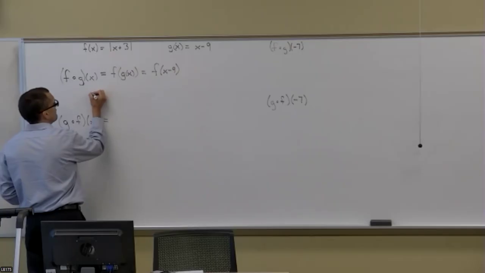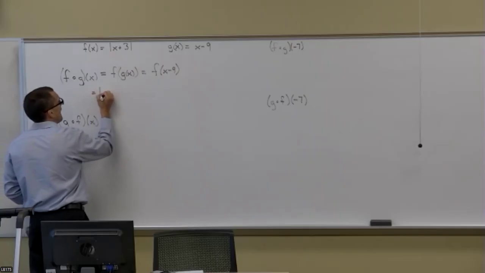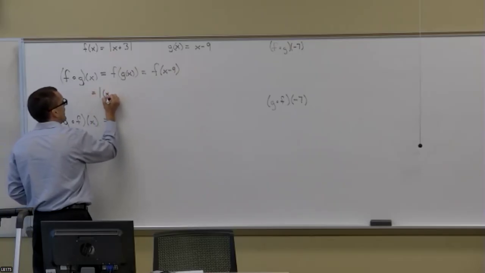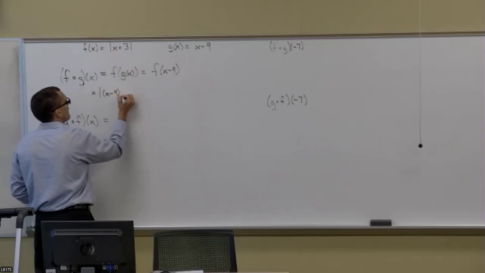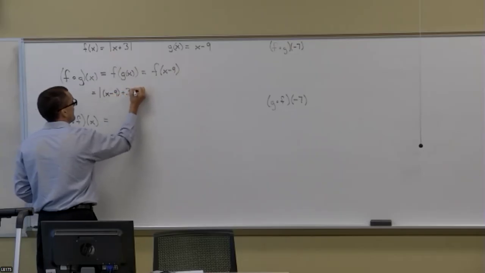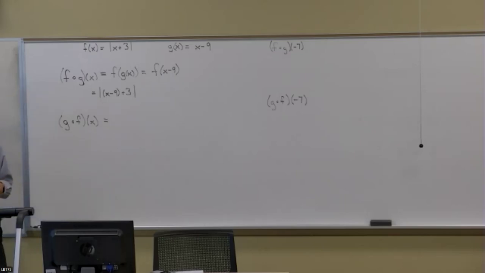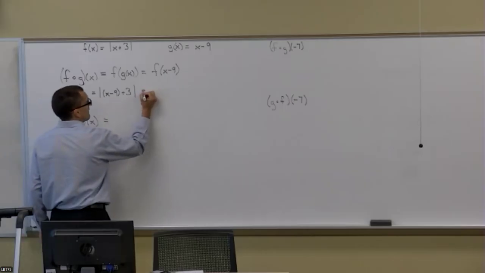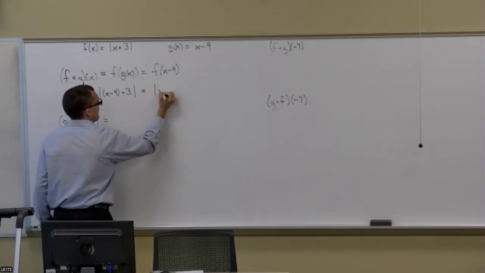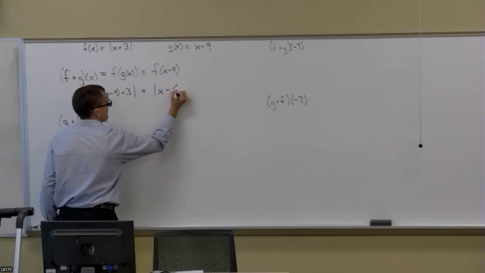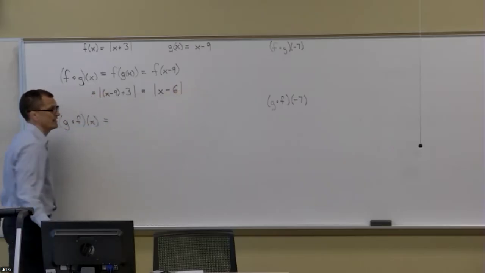That's going to give me absolute value of x minus 9 plus 3. So all of that inside of absolute value. So absolute value of the quantity x minus 9 plus 3. So that's going to give me, if I simplify that, the absolute value of x minus 6 when I combine like terms.